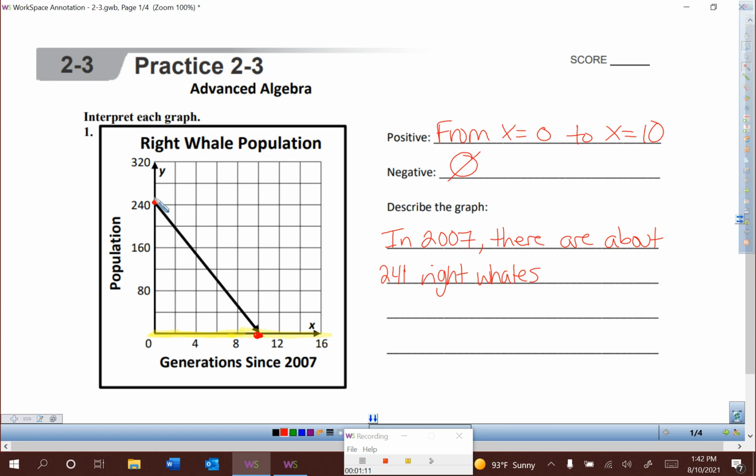When we talked about the y-intercept, we said it was just a little over 240. So in 2007, there are about 241 right whales, and then I noticed that it is slowly decreasing. The population is decreasing because my line is going down. So in 2007, there are about 241 right whales, but the population is decreasing.